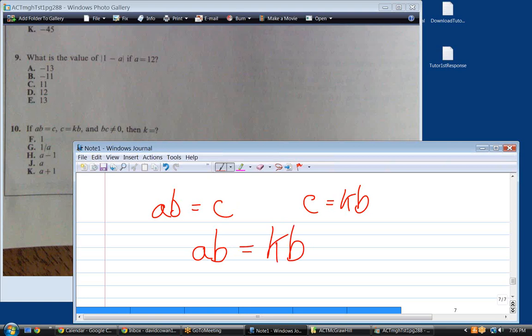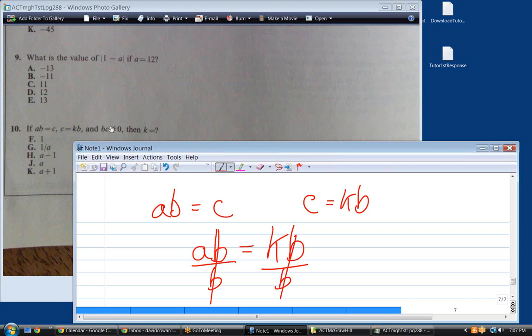Now solve that further. The B's are the same? In other words, I can divide both sides by B. Now what am I left with? A equals K. So K equals A.